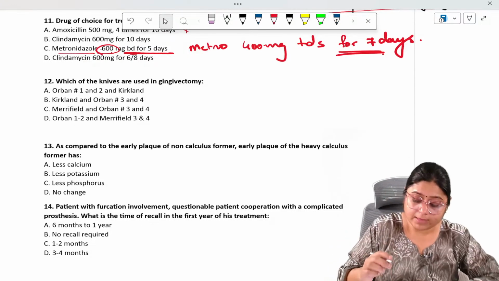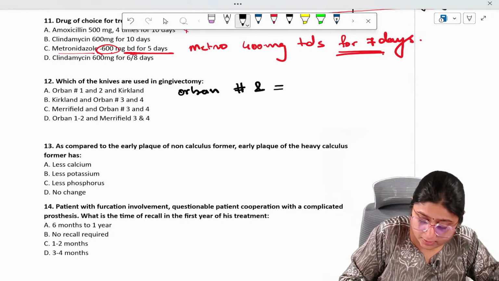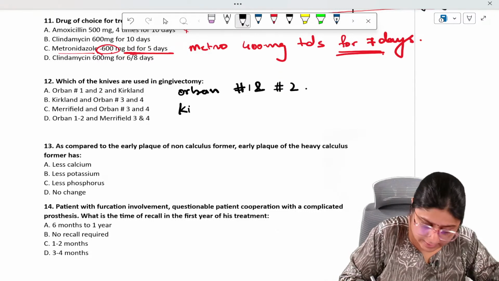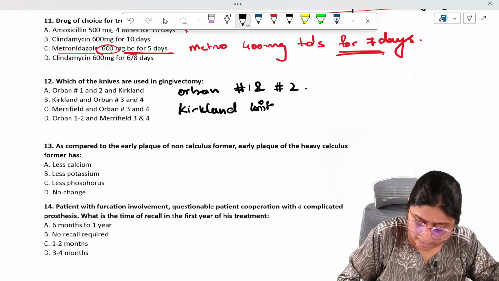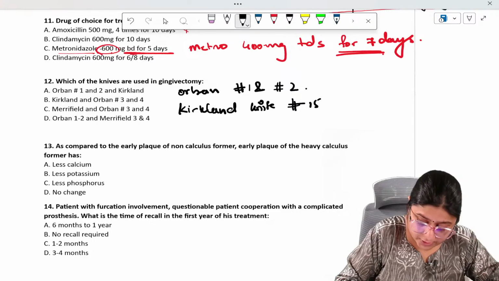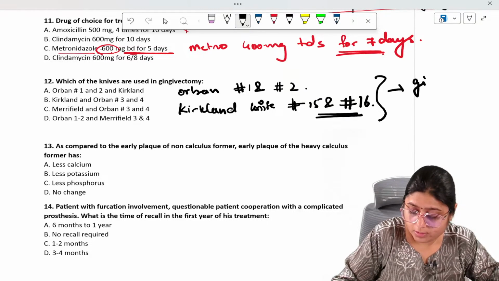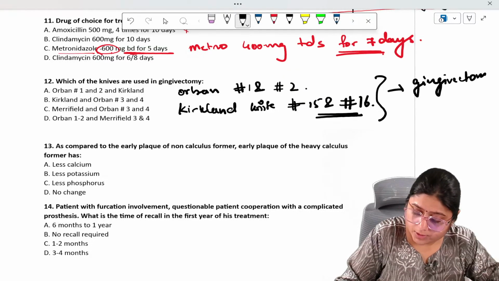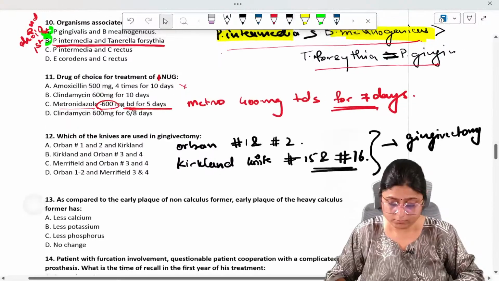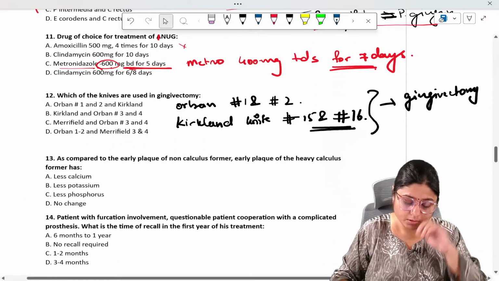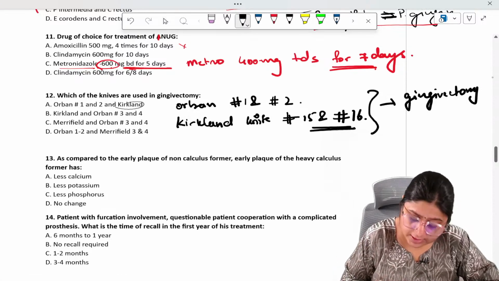So remember that for gingivectomy, Orban 1 and 2 and Kirkland knife 15 and 16, these numbers are used for gingivectomy. Okay, so here, for Kirkland they have not given any number.